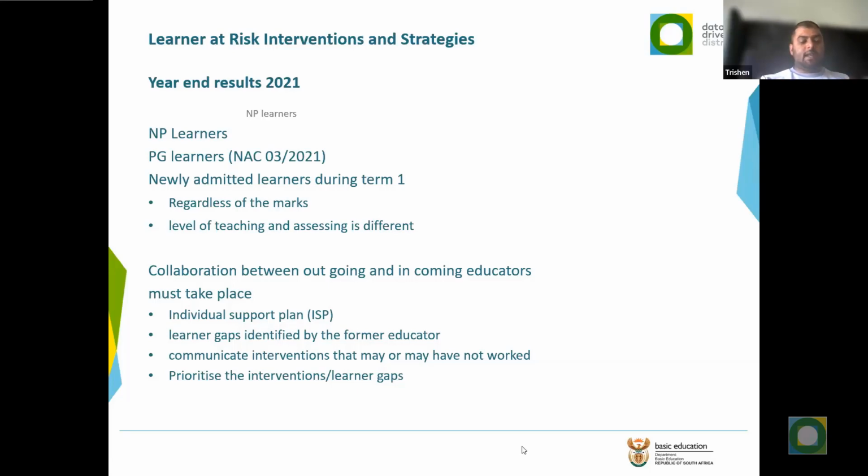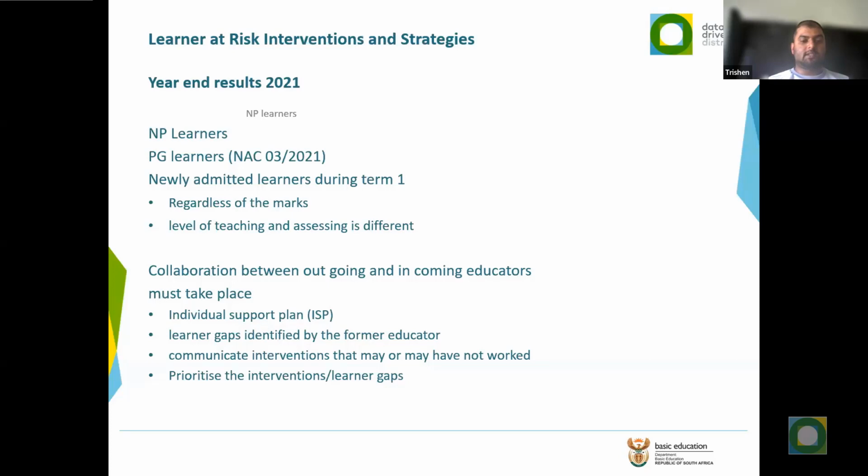So the idea is that when Trishen moves from term 1 to term 4 in 2022, he needs to reduce the number of challenges that he experienced in the previous year in that particular subject, and maybe even more in depth in that particular topic, being division. And by the end of the year, there needs to be evidence of progress by him as the learner and by the teacher in the execution of those interventions.